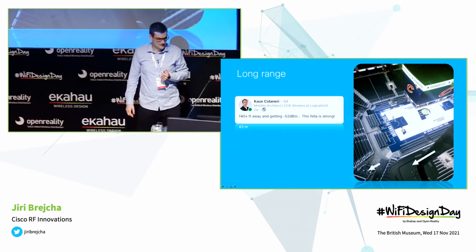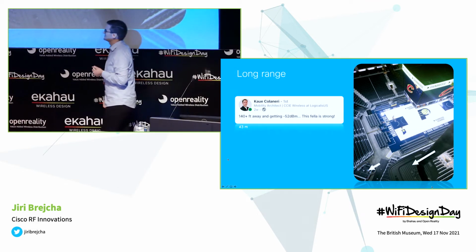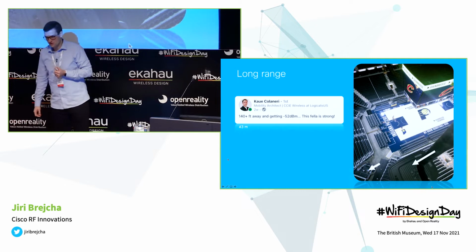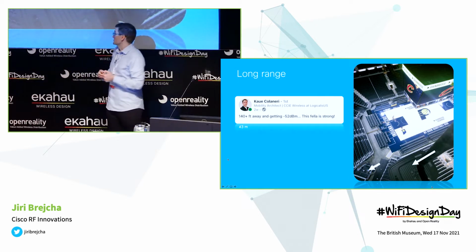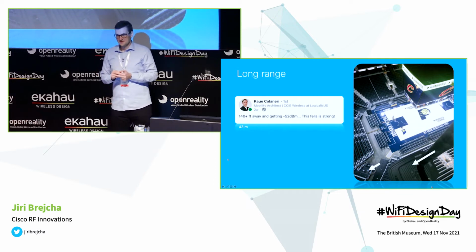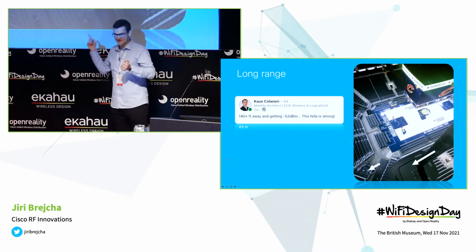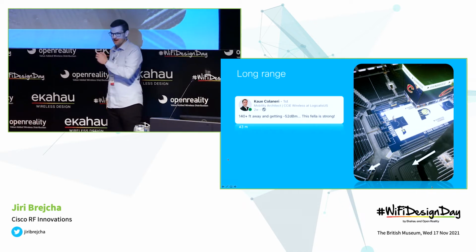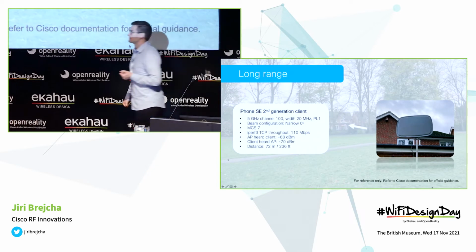And as you can see, I added the meters as well, if your brain works in meters like mine. So at 43 meters, he got minus 52 dBm, which I thought was really good. So the question really was, what do you do when you see something like this posted on social media? Yes, of course. You go and you test it yourself.